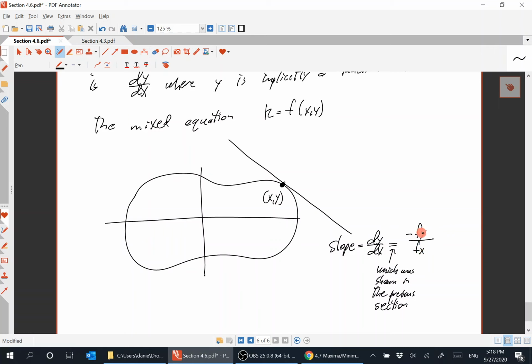This is the rise, this is the run. Which was shown in the last section on the chain rule.